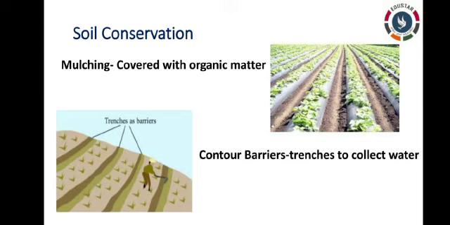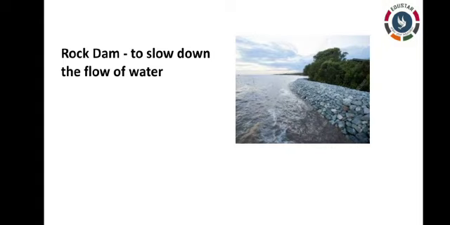Contour barriers. Contour is nothing but the outer line of that particular land. Stones, grass and soil are used to build barriers. And trenches are made to collect water. Rock dam. Rocks are piled to slow down the flow of water.